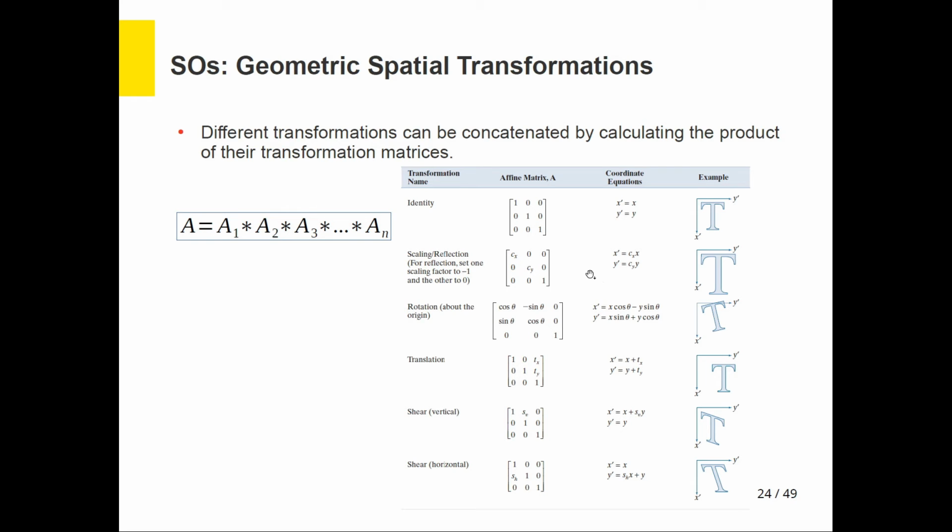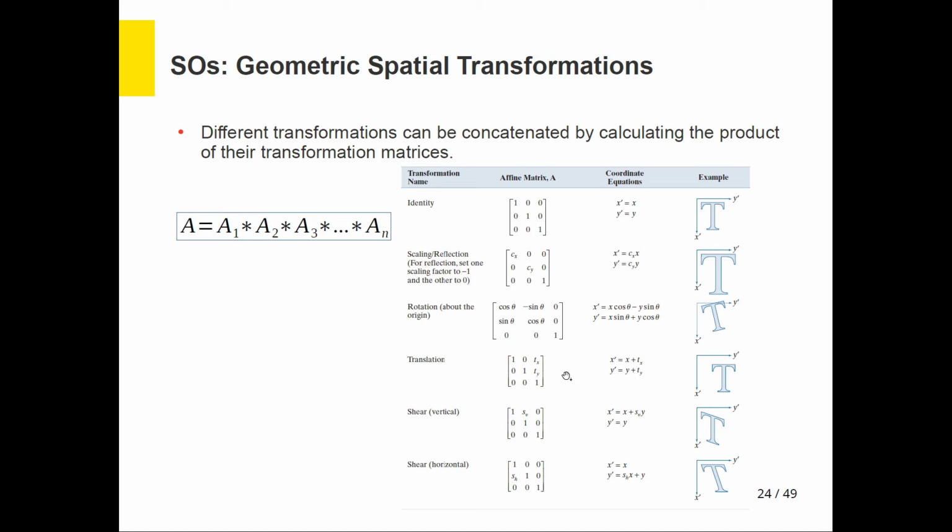If the two numbers are positive, we don't have reflection, but if the numbers are negative, we can have reflected images. Then we can have the rotation around the origin of the image, which is specified by the angle at which we want to rotate the image. And the basic transformation is like this.